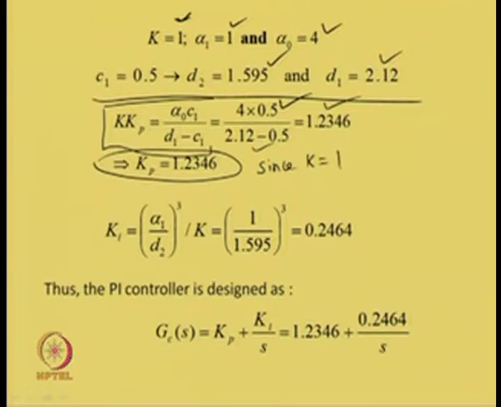Similarly, using the next expression, Ki is equal to alpha 1 upon D2 to the power 3 upon k, which gives us Ki as 0.2464. Thus, the PI controller is designed as Gc(s) is equal to Kp plus Ki upon s, which is 1.2346 plus 0.2464 upon s.